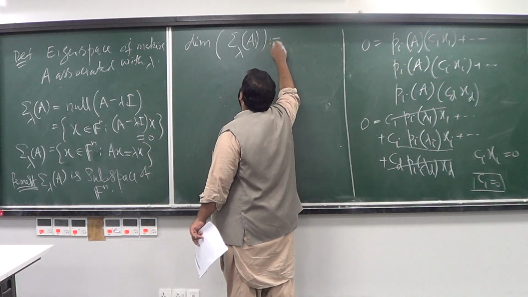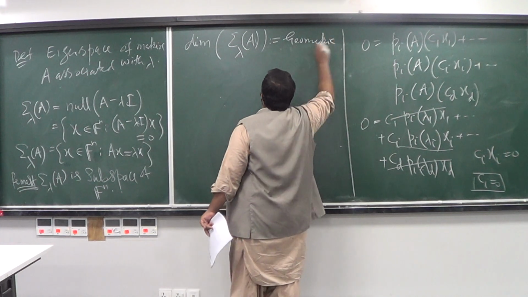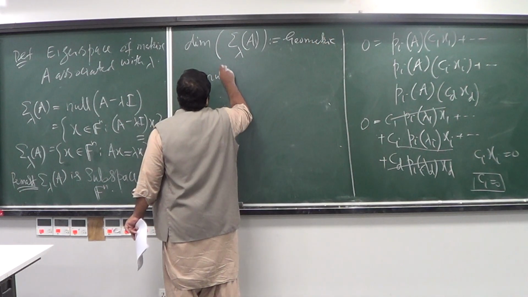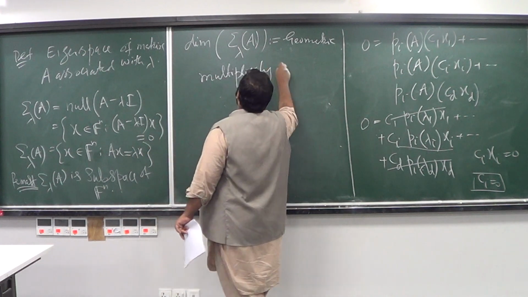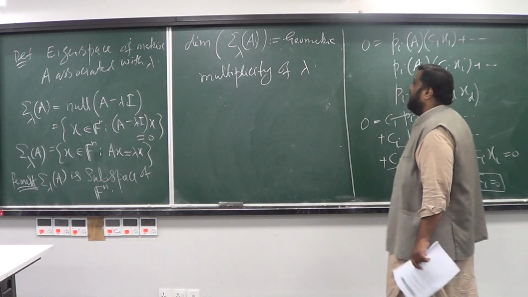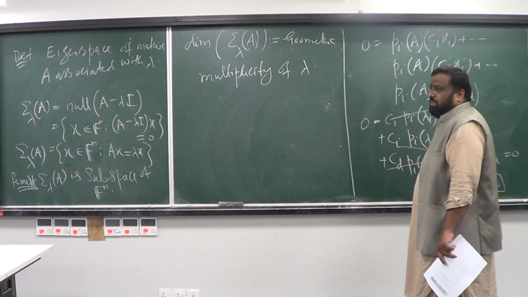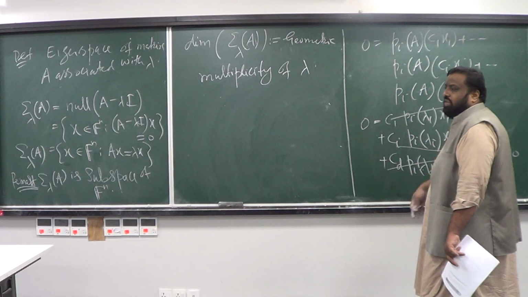We define it to be the geometric multiplicity of eigenvalue lambda. So what do we mean by the geometric multiplicity of an eigenvalue? It's the dimension of its corresponding eigenspace.